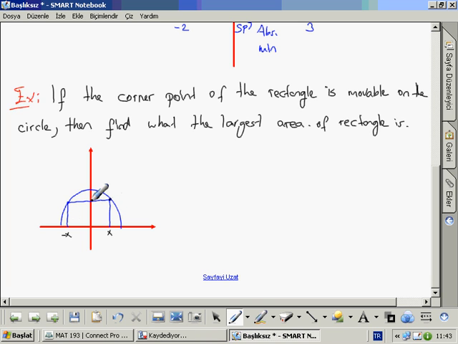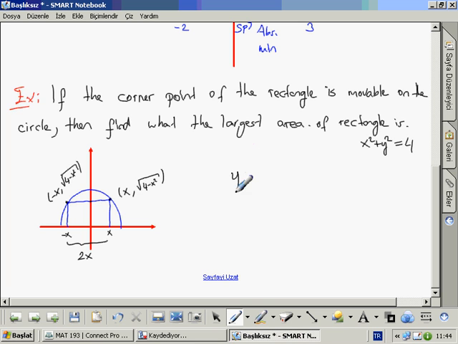The circle formulation is x squared plus y squared equals 4. The point here is x comma square root of 4 minus x squared, and this point must be -x comma square root of 4 minus x squared, and this part must be 2x.